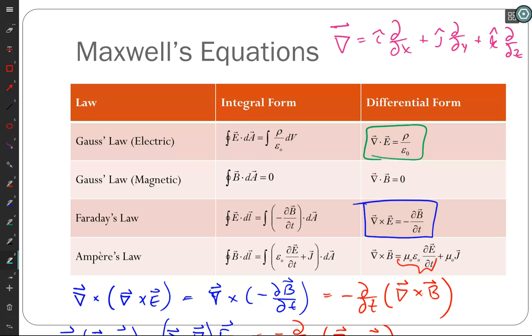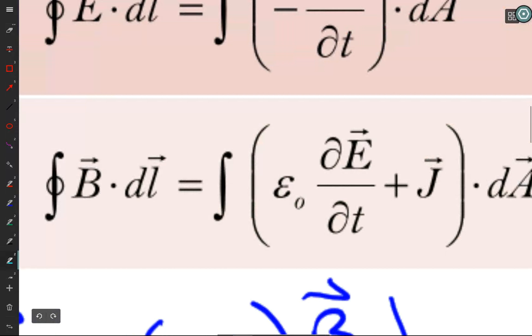And so this integral of j dot dA is just, oh, snap, I am missing a mu. There, all better.